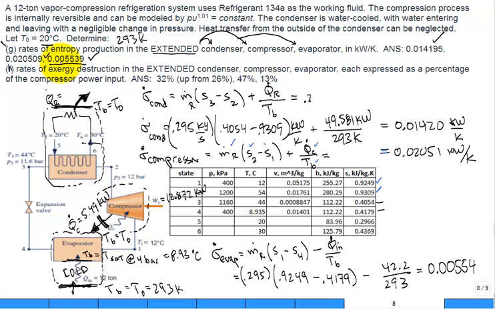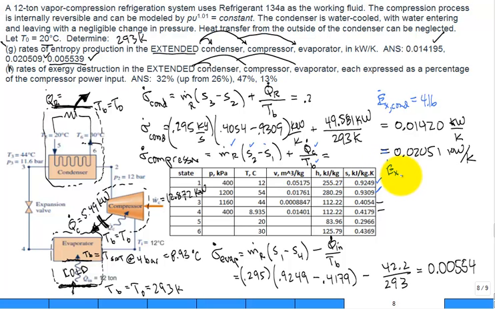Well, if you go to part H, what is the rate of exergy destruction in the extended condenser, extended compressor, extended evaporator? Well, you just multiply those by our dead state temperature. So I'm going to just put the exergy destruction rate in our extended condenser, and that's 293 times that, and you find that it comes in at 4.16.